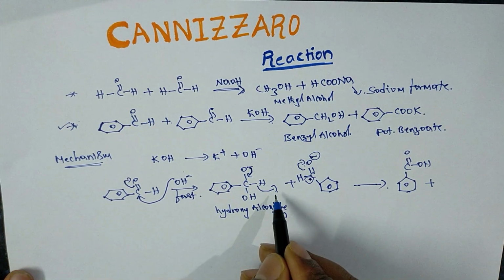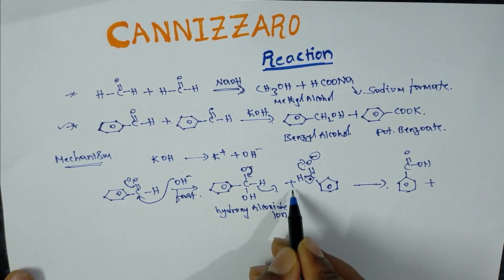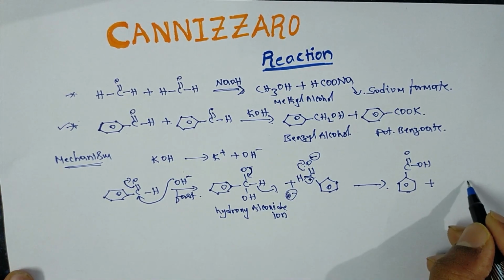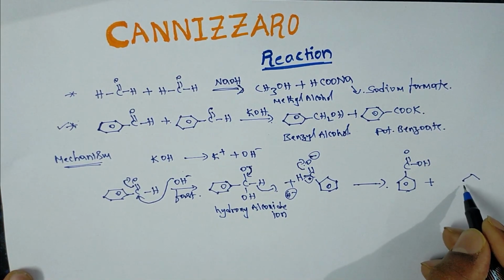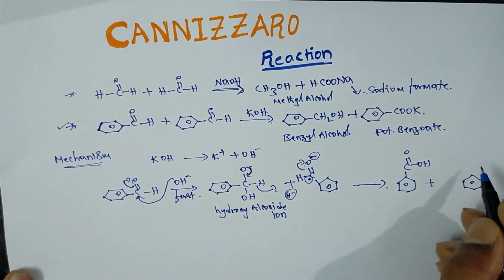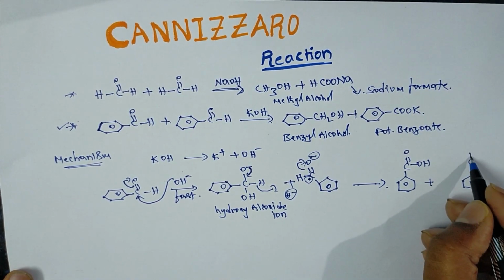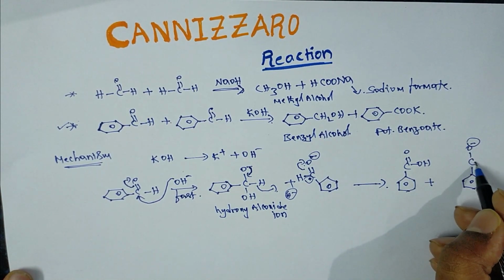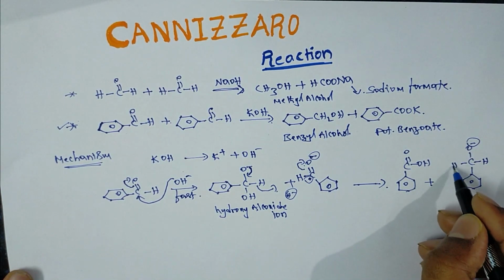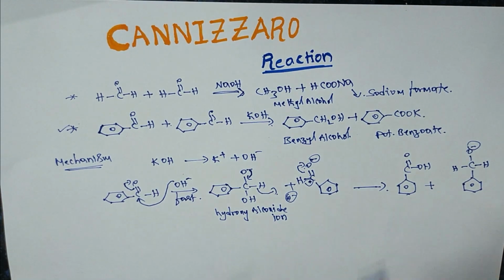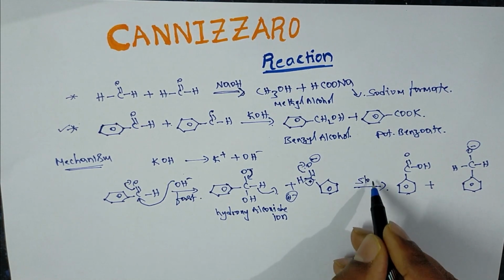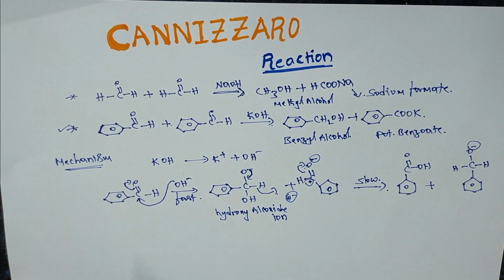The hydride ion, H minus, attaches to this carbon and we get C6H5 CO minus with two H. This is a slow reaction and is also called the rate determining step.